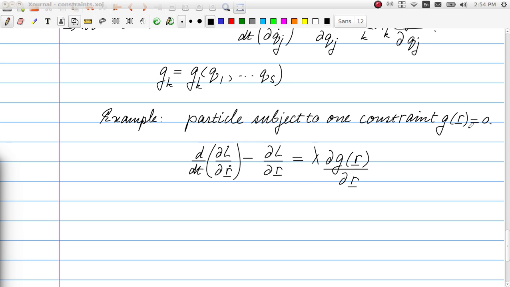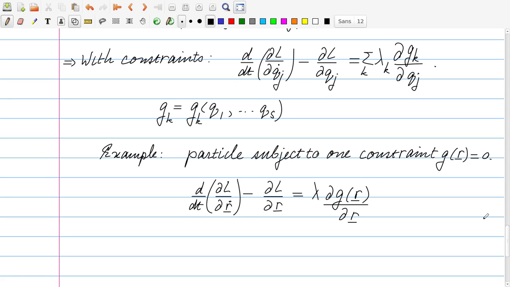In that case, this equation above immediately translates into this one, and we know that this first term here is the p dot, and then here we have a kind of force which derives from the constraint, and this one derives from the potential. So we can write this the applied force, and this should be the constraint force.